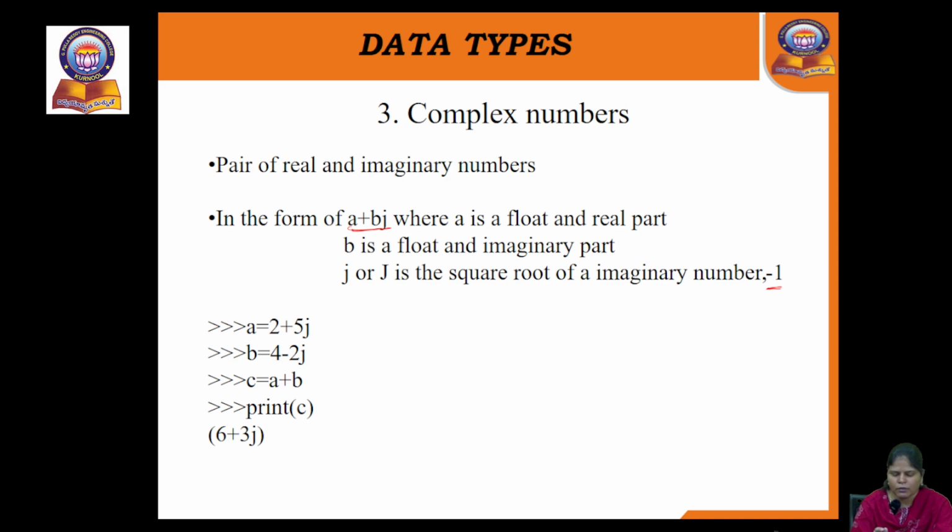So we can perform multiple operations here, like addition, subtraction and multiplication of two complex numbers. Here I have considered A equal to 2 plus 5j and B equal to 4 minus 2j. Now I am adding these two.